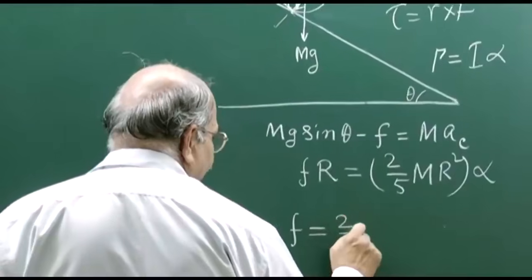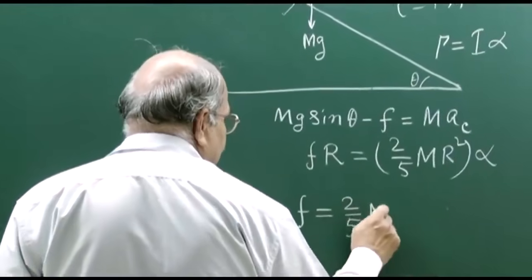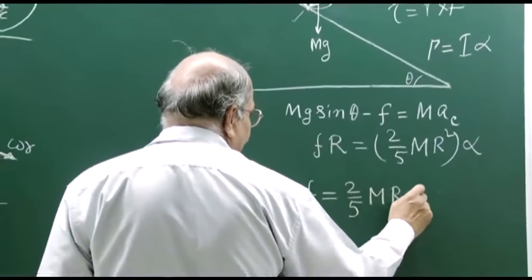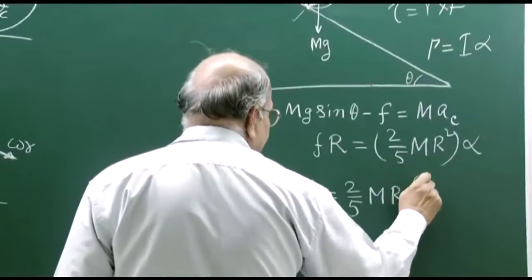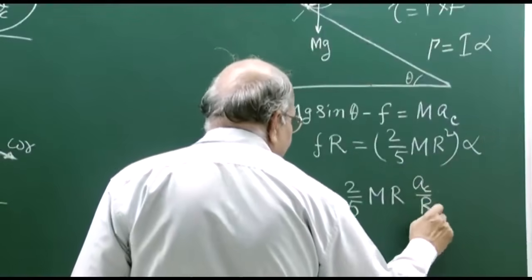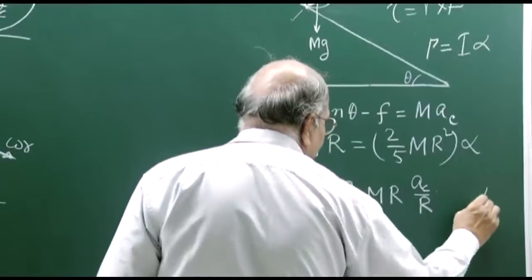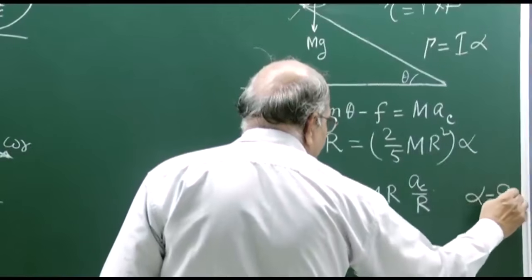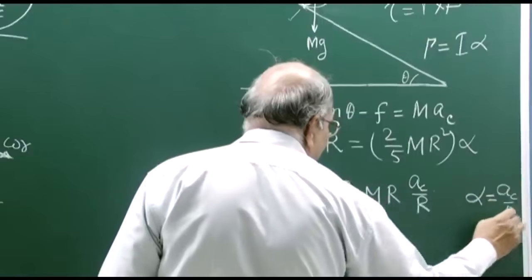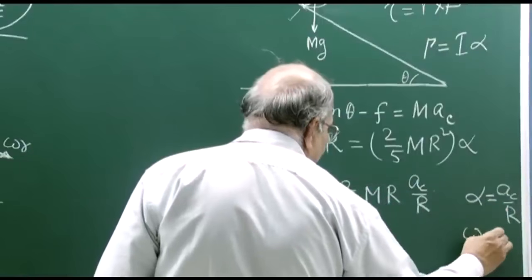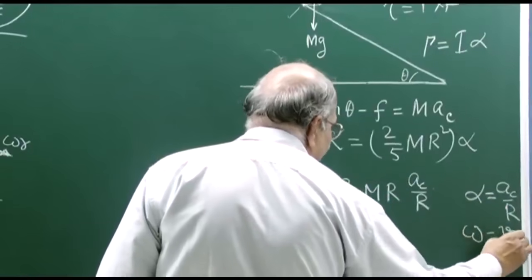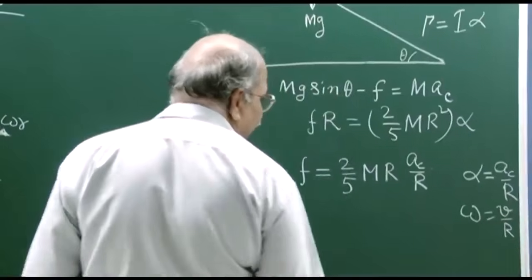So, this is 2 by 5 m into r, and alpha will be a_c divided by r. This is the condition for no slipping. Alpha is equal to a_c by r, that is the condition for no slipping. Angular velocity is equal to linear velocity divided by r, that is the condition for no slipping.